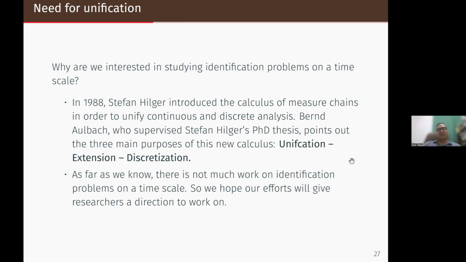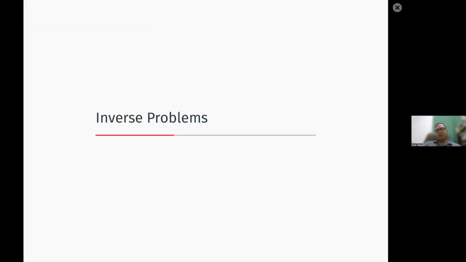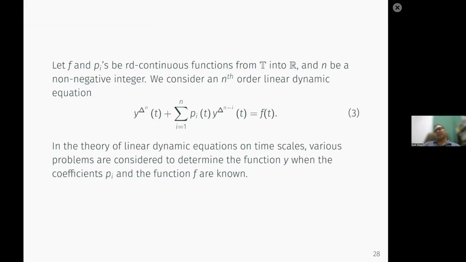This is the main aim of developing such a theory. As far as the inverse problem or identification problem goes, not much work is available in this direction. So in this work, we tried to solve some basic time scale problems, which could give a direction to extend our work to more sophisticated or more general problems.